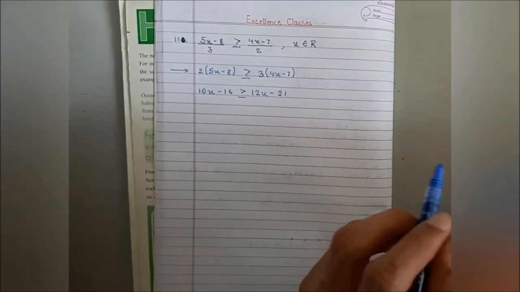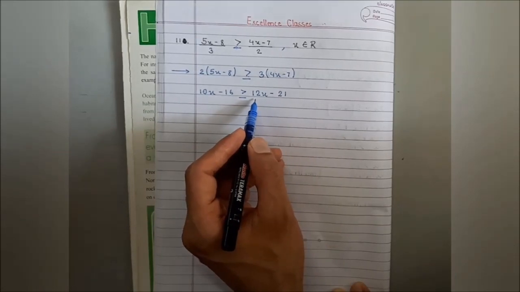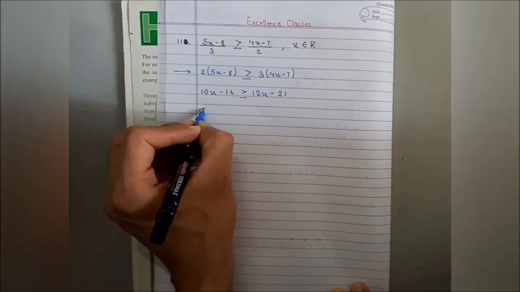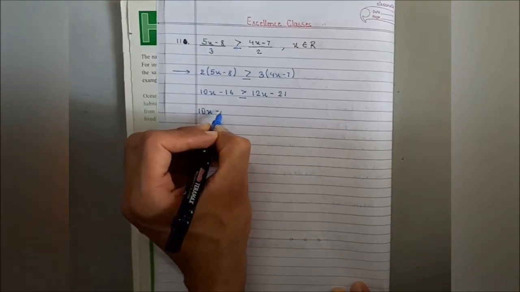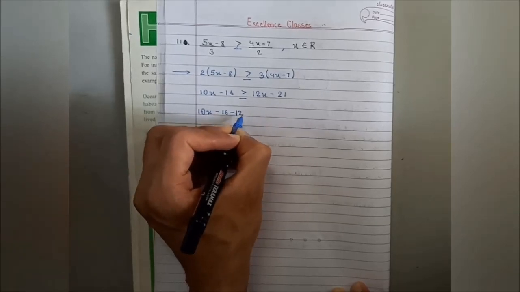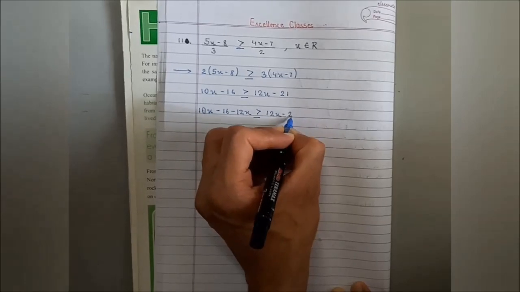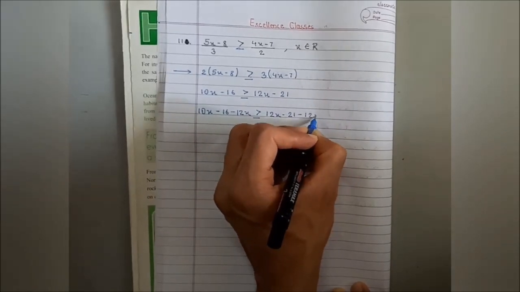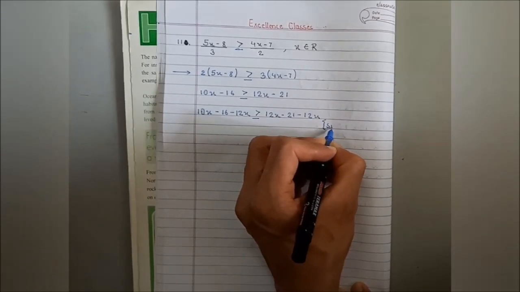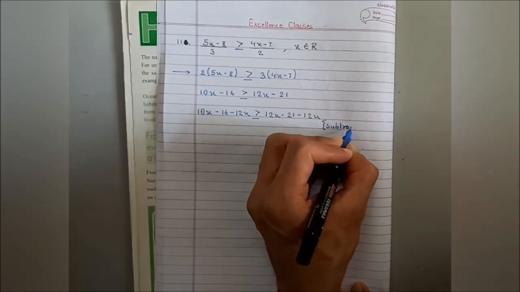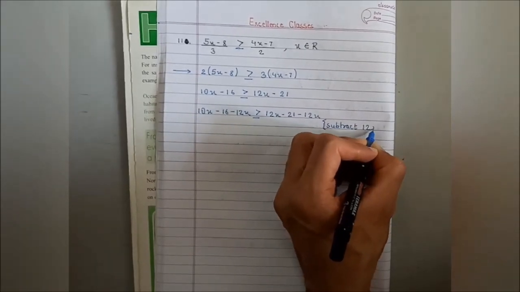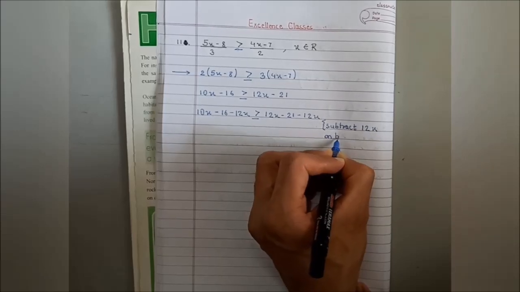Let us eliminate one of the two. I'll be trying to eliminate 12x, so I'll subtract 12x from both sides.